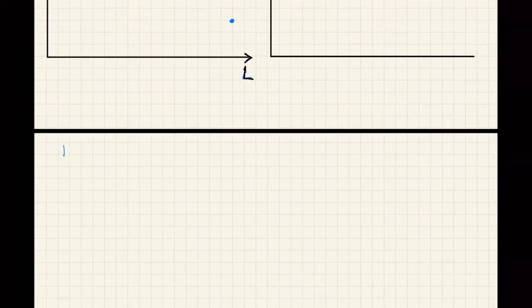Now the next thing that I want to define is number of transfer units. NTU stands for number of transfer units. So how do you define NTU?